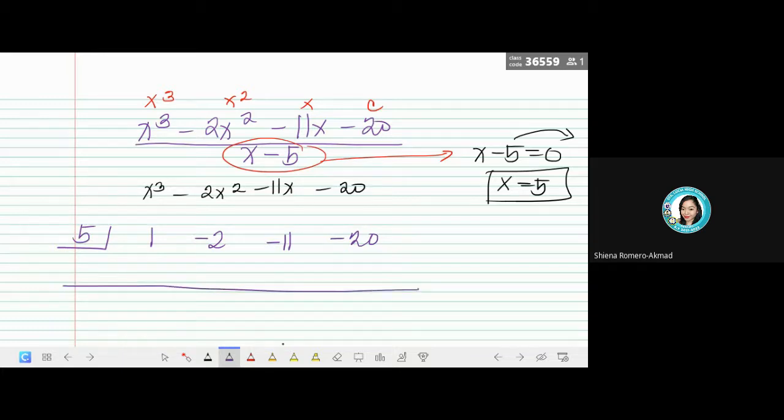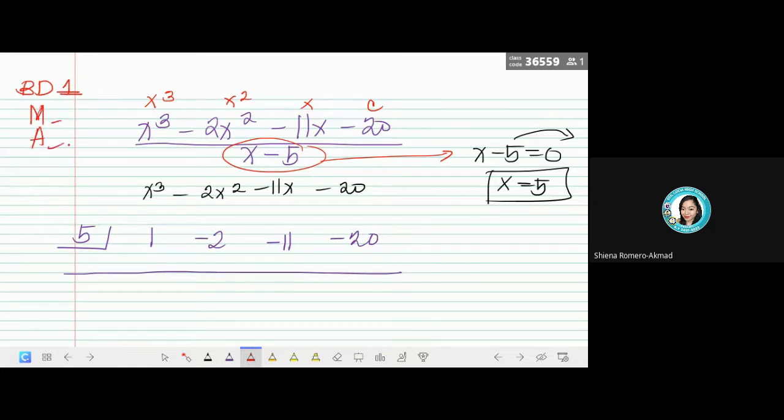Next, following the step na sinabi ko sa inyo kanina, ano yun? That is bring down ng isang beses lang, then multiply, add, multiply, add. So, bring down natin yung 1. So, we have here 1. Multiply, 1 times 5 is 5. Sulat natin dito.